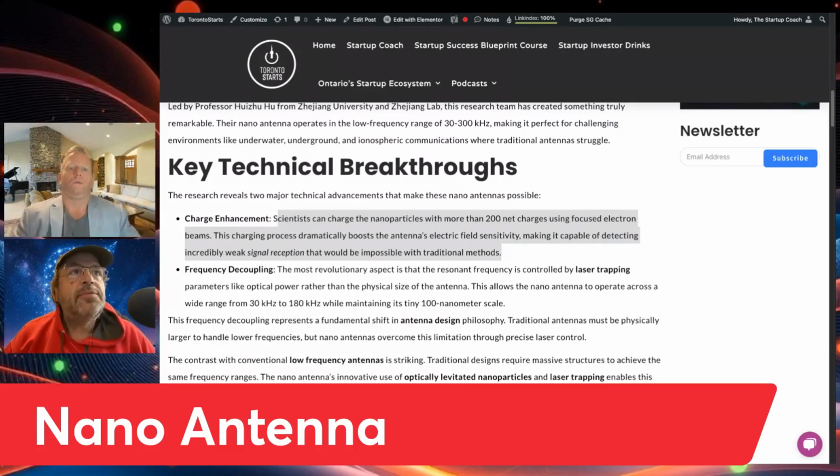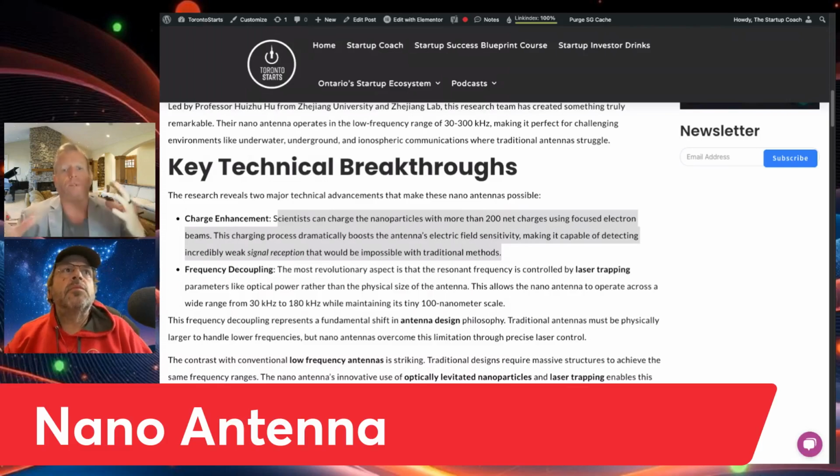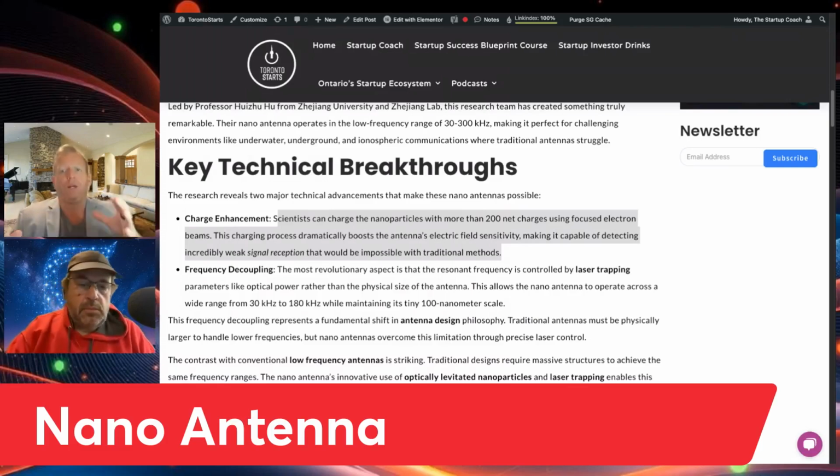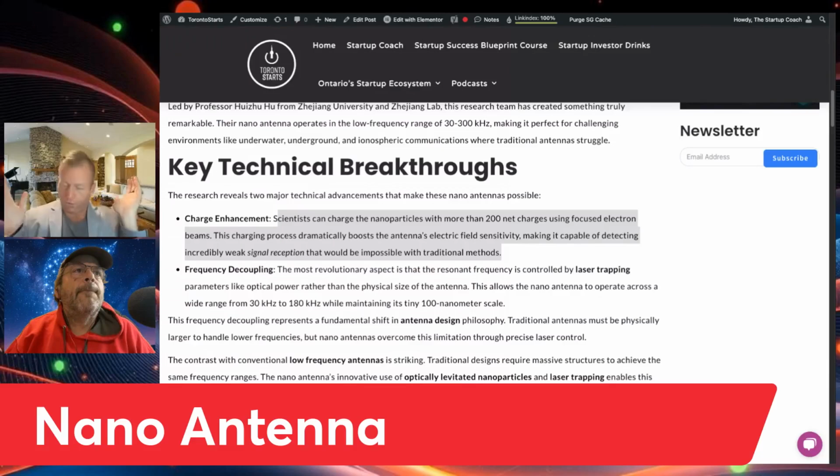For those of you that don't know, traditional low-frequency antennas must be relatively large to be effective, due to the relationship between antenna size and signal wavelength. Low frequencies can penetrate buildings and go through obstacles much more easily than higher frequencies because their wavelength is much longer.